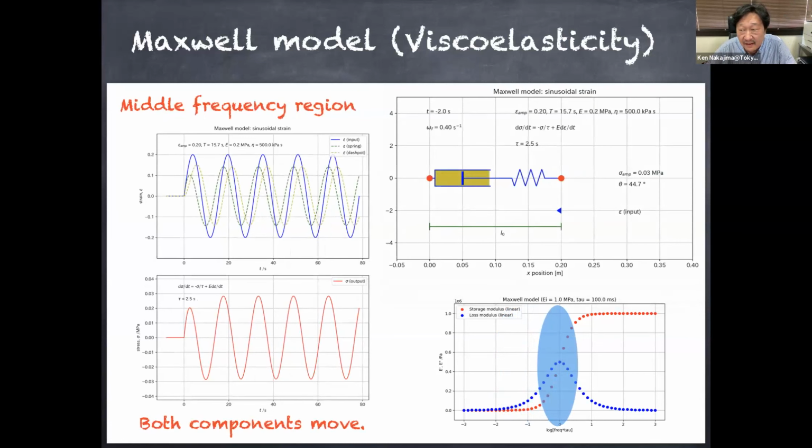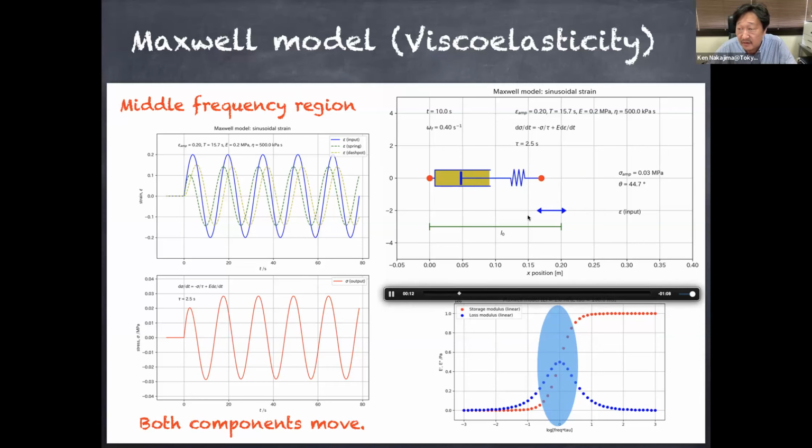Then what's going to happen in the middle frequency region, which is also correlated to the glass transition states? Both spring and dashpot move with some level of speed. The spring is okay because its energy is just stored. But in the case of the dashpot, the energy is only dissipated.